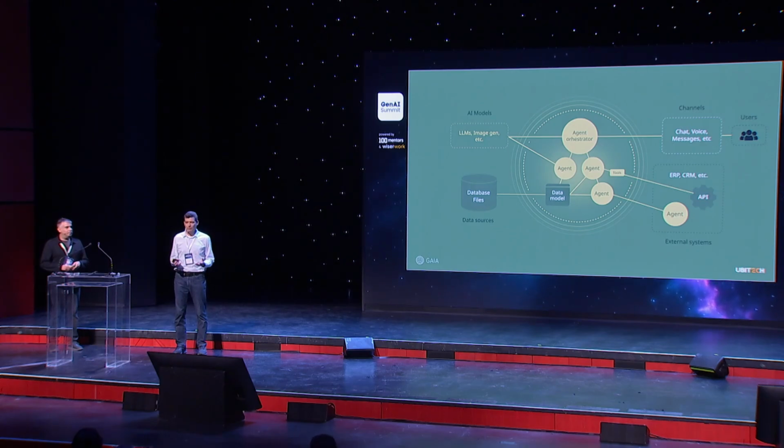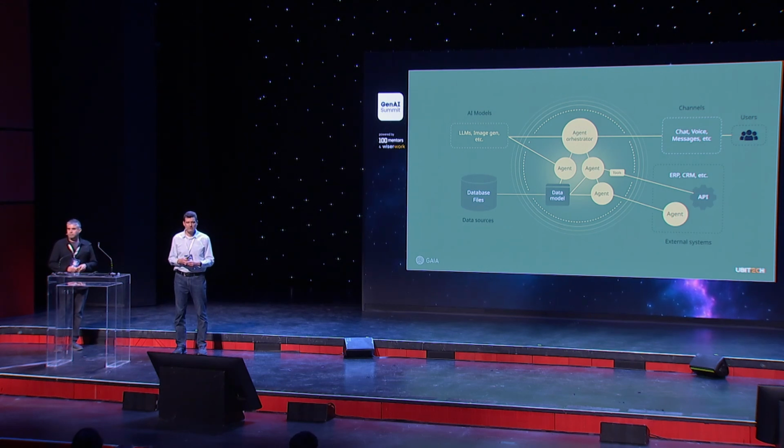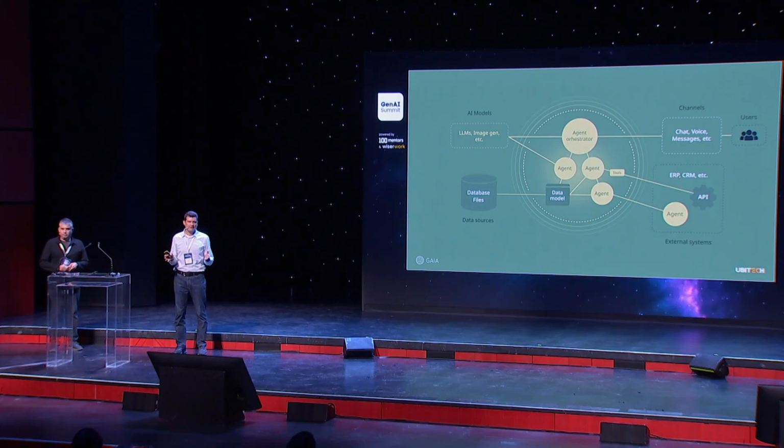It should provide tools for them to be able to integrate with all those sources, but also generate user interface components and whatever the interaction with the user is across different kinds of channels. It's not only chatbots, it can be voice, it can be emails, it can be messages like SMS, Viber, WhatsApp, and so on.